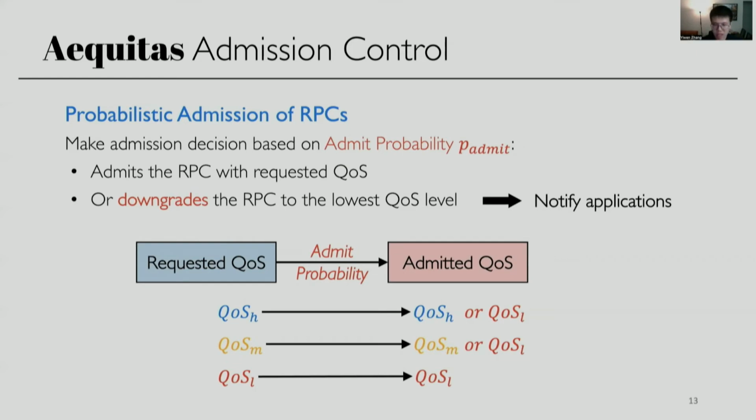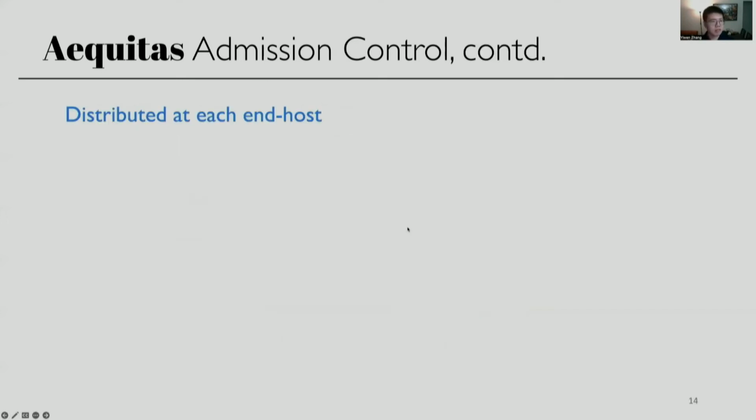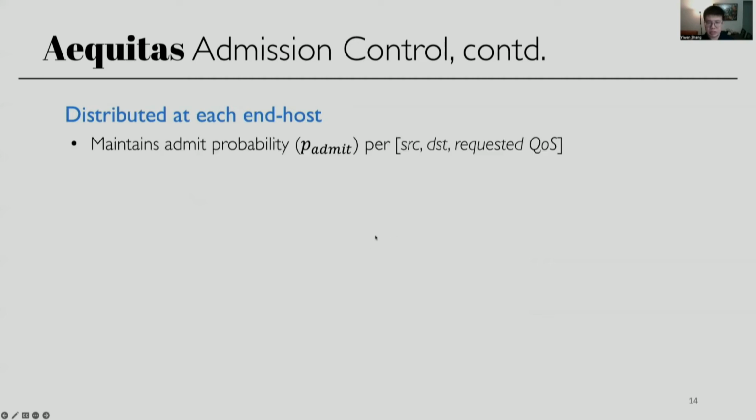Next, let's look at how our admission control maintains and updates this admit probability. Our admission control works in a distributed way. At each end host, the admit probability is maintained on a per source, destination, and QoS basis. At the same time, Aequitas also collects measurements of RPC network latency on the same source, destination, and QoS basis.